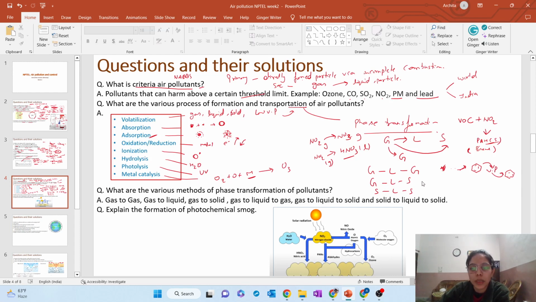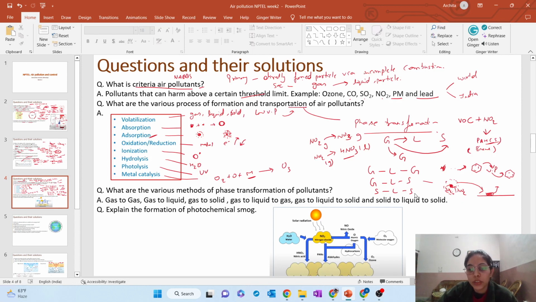Next is gas to liquid to solid. The simplest example is that sometimes these particles make an external mixture of air pollutants. Let's say this is a nuclei on which gases, SO2 and NO2, are sitting, and then it forms a rain droplet. This rain condenses on a surface, the water vapor removes and only the particle settles. That is an example of gas to liquid to solid.